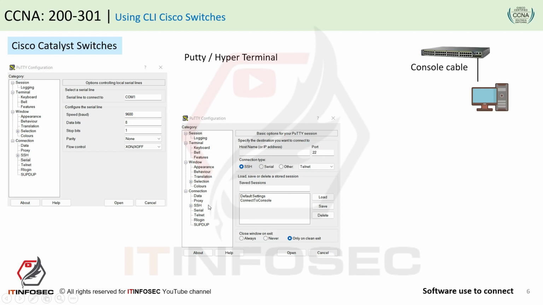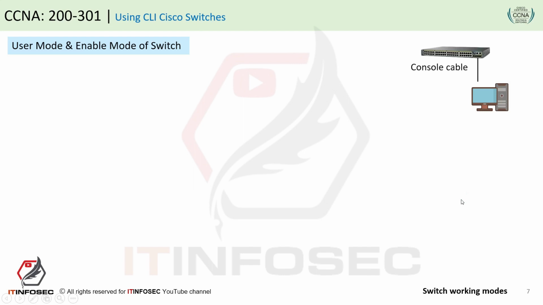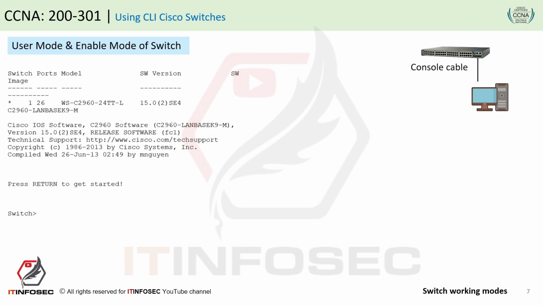You can go to the session item and save this, select the serial item and click open to see your switch's first window.